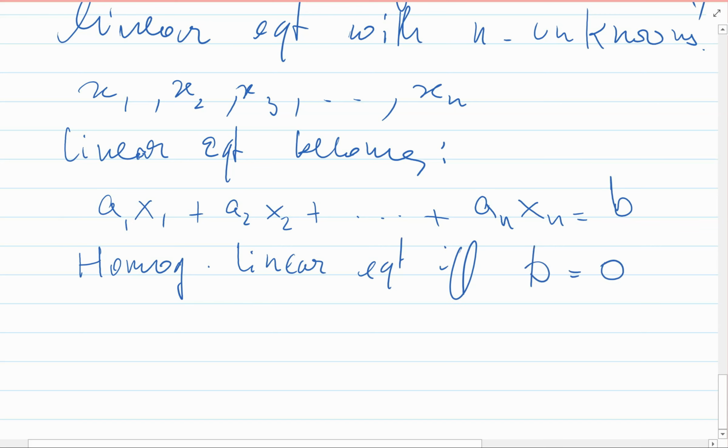Now, in terms of terminology, we need to agree on some terms.